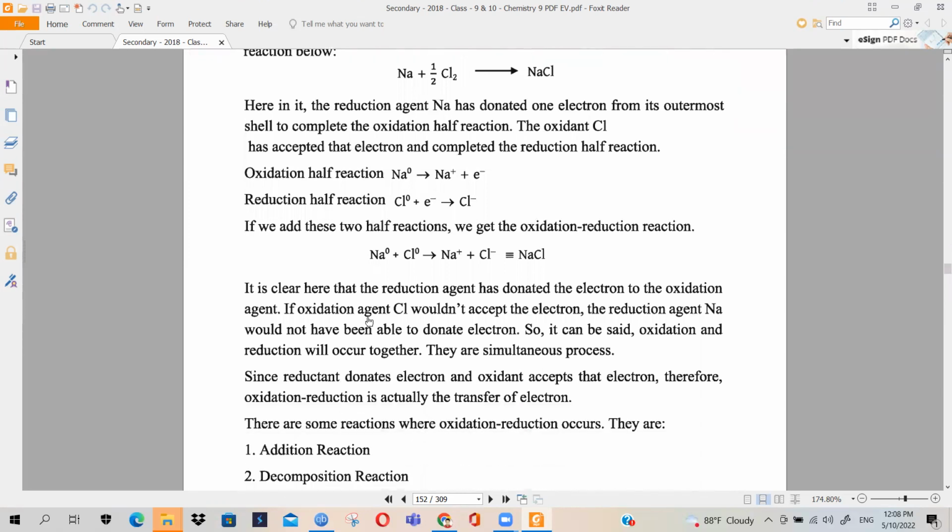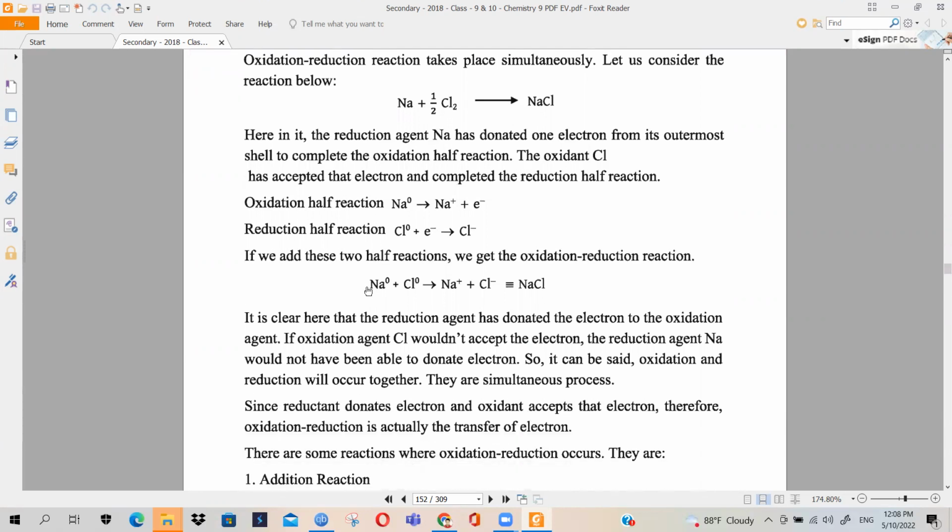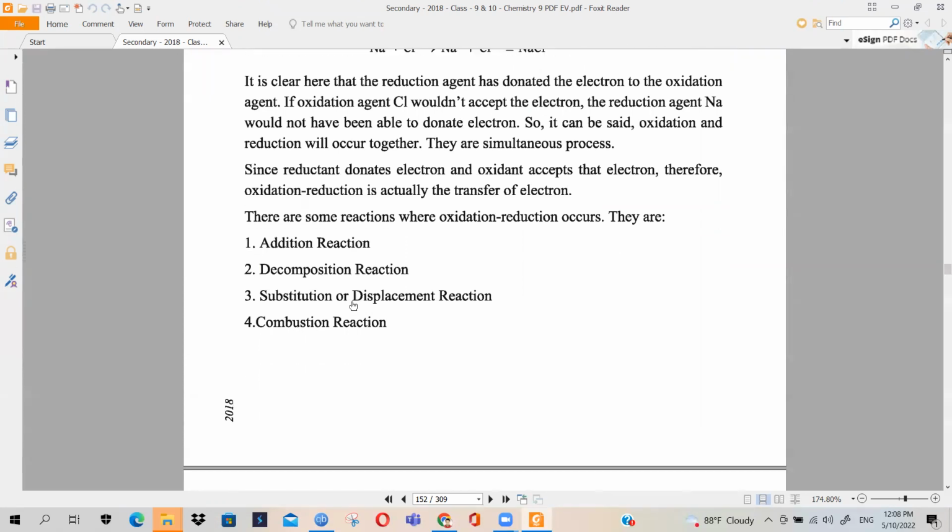Oxidation reduction is a simultaneous process. By that, what they mean is oxidation can't take place alone and reduction can't take place alone. They have to work together, or perform the reaction together.